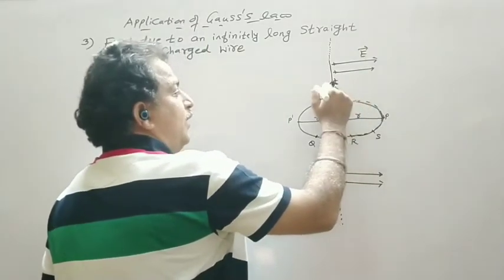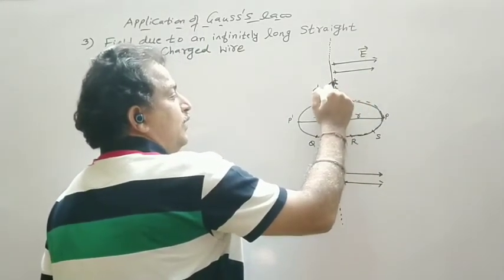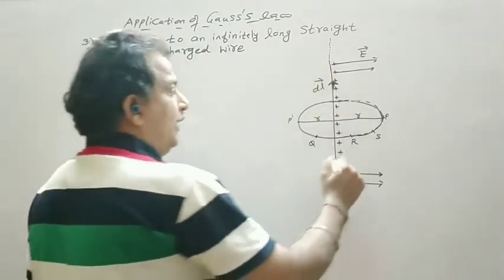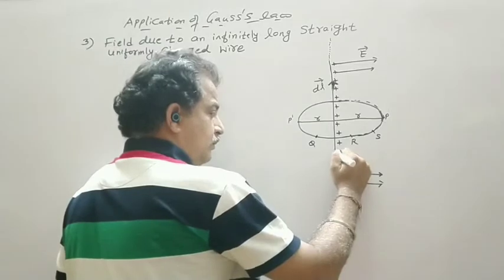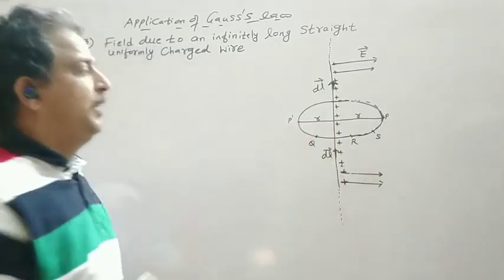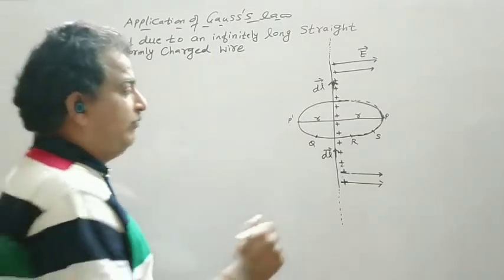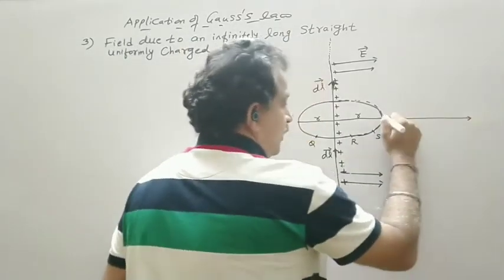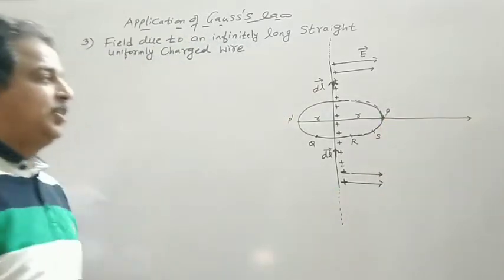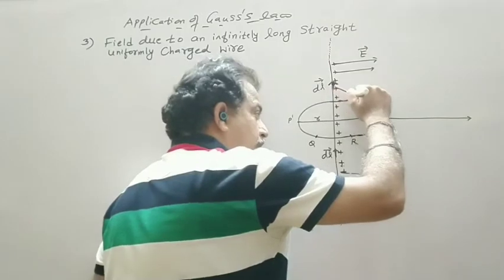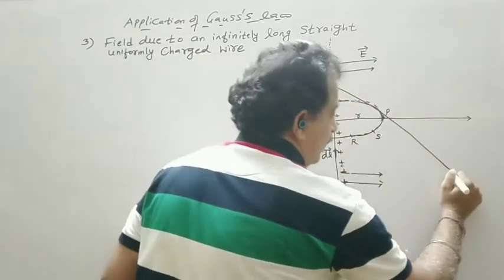This line element is, say, dl vector. Another line element is this dl vector, and dq be the amount of the charge. Now if I place a test charge at this point, there will be a repulsion.